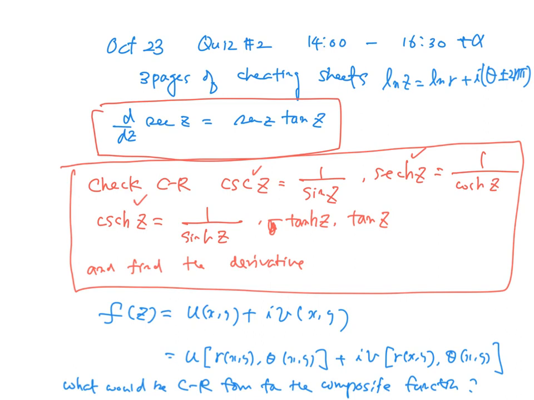Is my voice loud enough, or can you hear me? So how do we find the derivative of the composite function? We need to find out partial u partial x, with r(x,y) and theta(x,y). Actually you have learned the chain rule. So let's check.